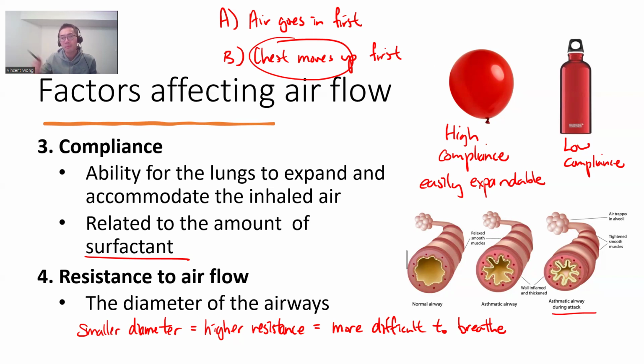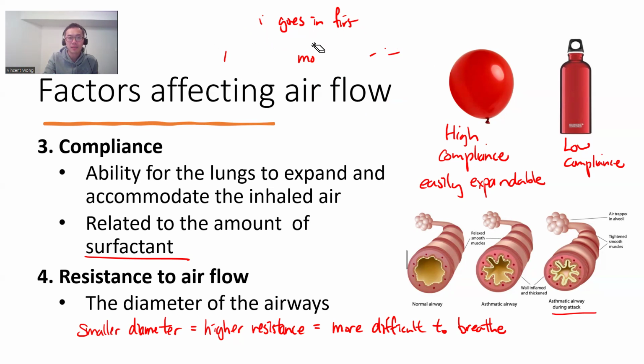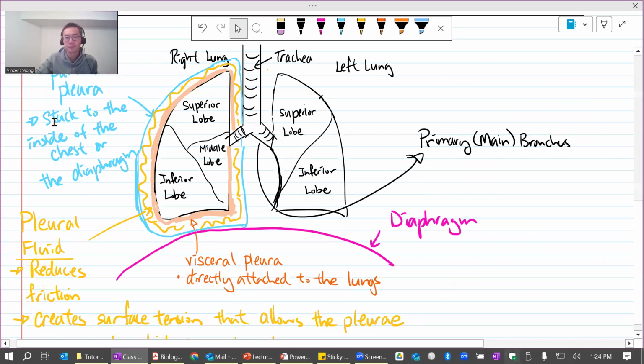If your chest cannot move, then you actually cannot get the air in. So the chest has to move first before there are any air movements. I'm going to try to explain that to you in the next note, and hopefully you'll be convinced after that.